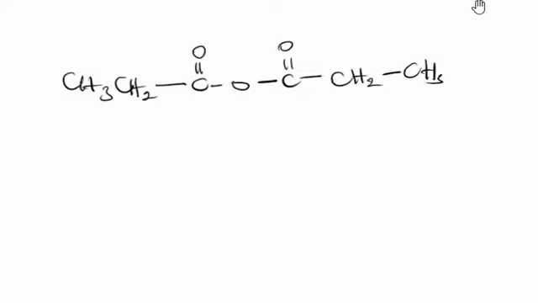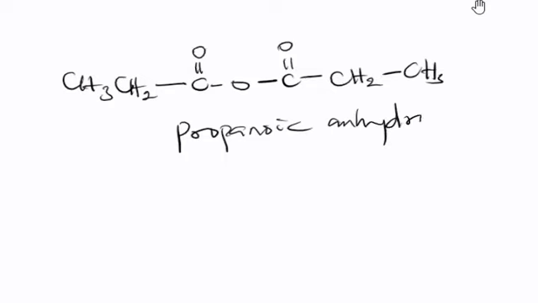What's this? 1, 2, 3, and then this is 1, 2, 3. So this is propanoic anhydride. So this is simply how we can name the anhydride if they are symmetrical. So what if they are non-symmetrical?